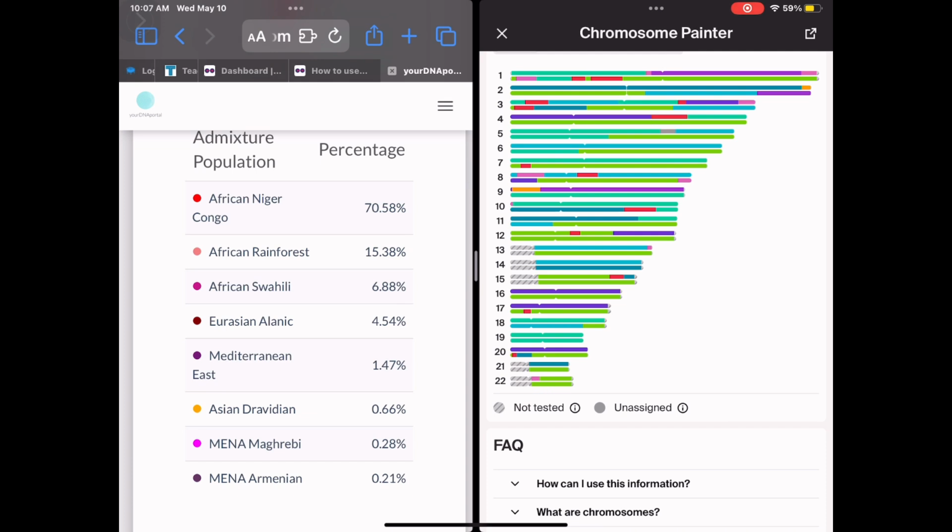Chromosome 4 is showing Asian Dravidian at 0.66, MENA Maghrebi at 0.28, MENA Armenian at 0.21.